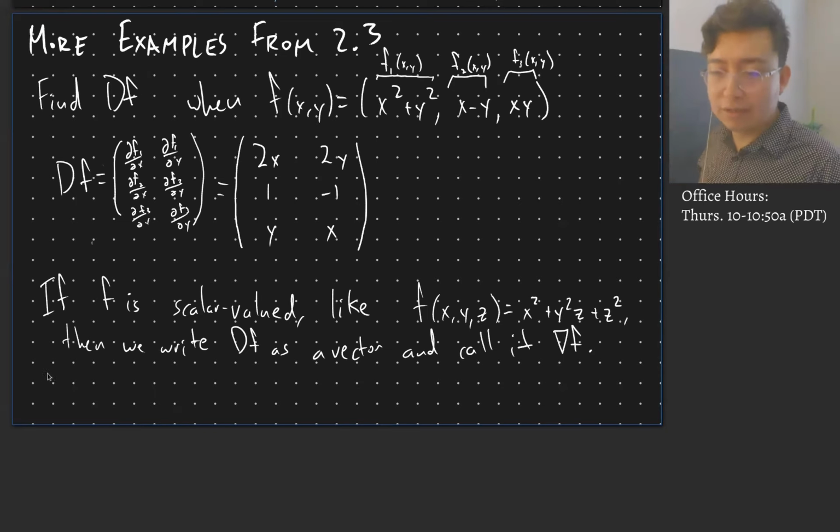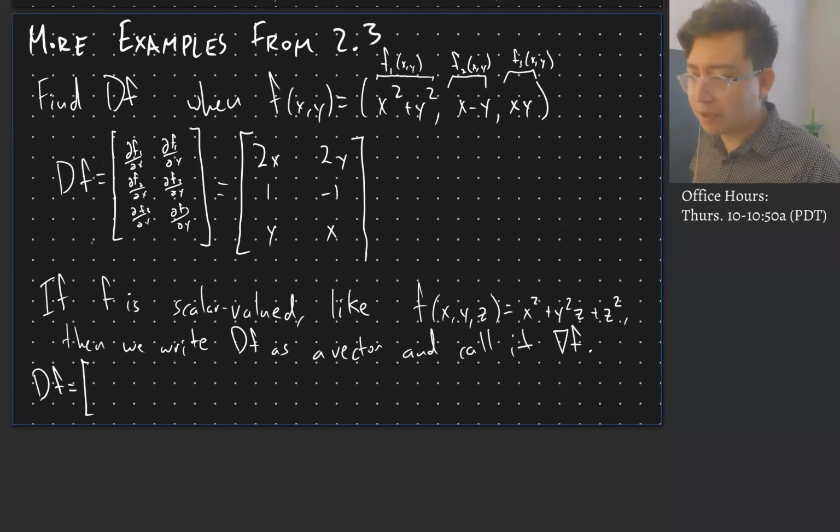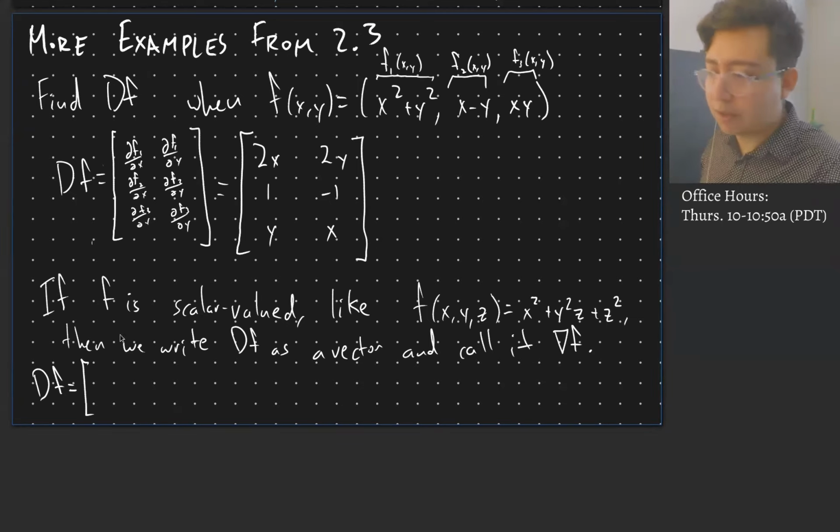So df is going to be, let's just write it as a matrix first. I've been using these square brackets when we talk about matrices, so I should stick to that. Sometimes people use the big parentheses too, but I'll stick to what we know.